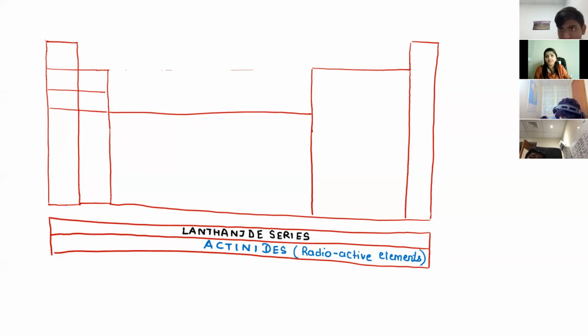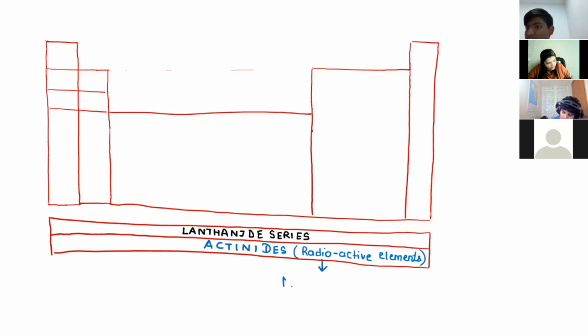So actinides are the ones used in nuclear power stations: uranium, plutonium, thorium. All these are used in nuclear power stations because they emit radiations. Wait, which one? The actinides, used in nuclear reactions. Okay, nuclear reactions.